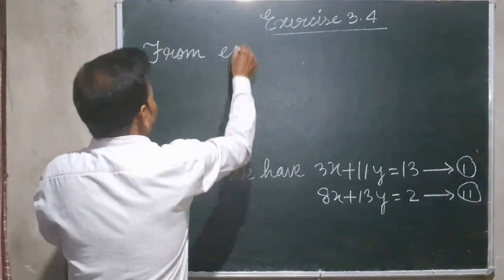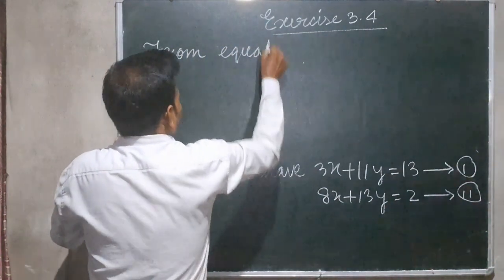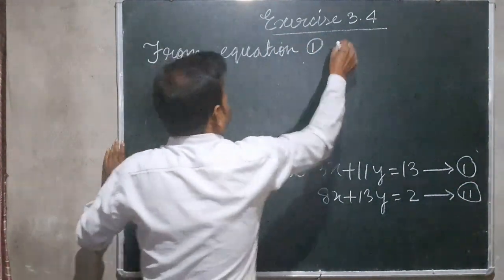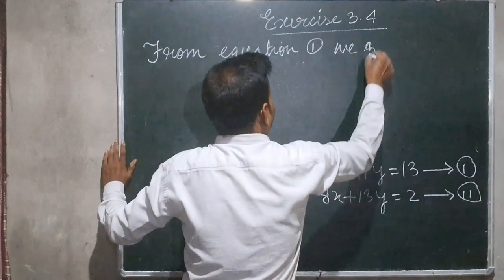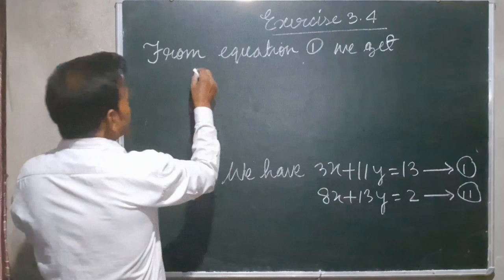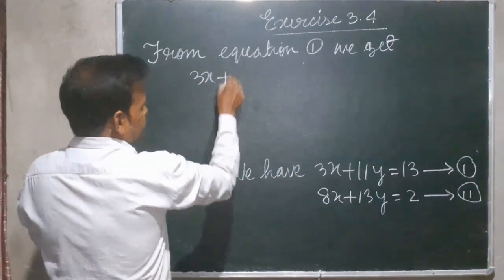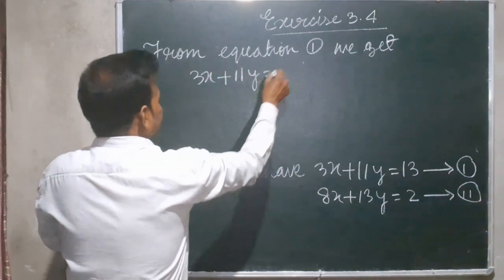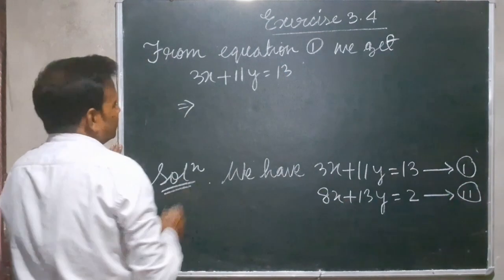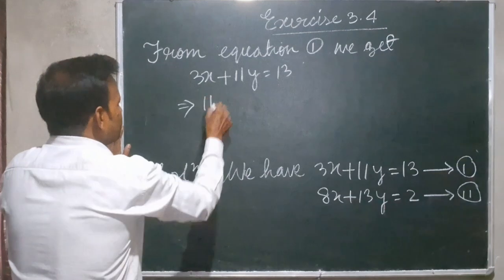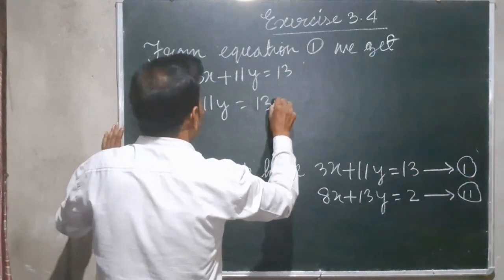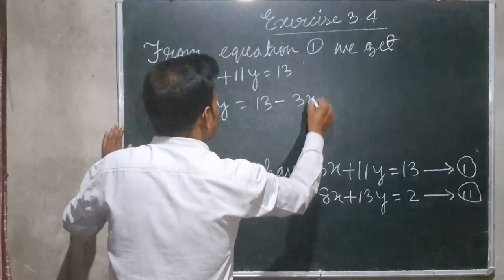From equation 1 we get, this is equation number 1, 3x plus 11y equals 13. 11y equals 13 minus 3x.